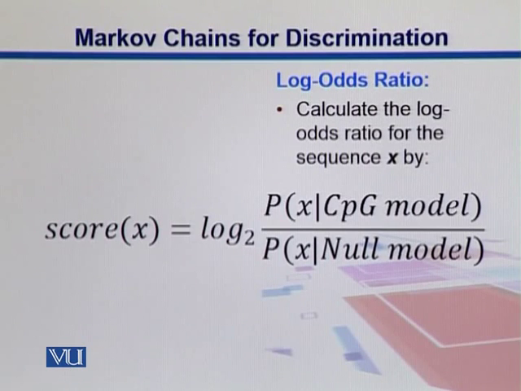So we are taking those numbers into those powers of 2. We take the probability of seeing that X in the CPG model versus X in the null model. For example, a probability of G following a C in the top model versus the negative model, and whatever answer we get, we convert it into log 2.